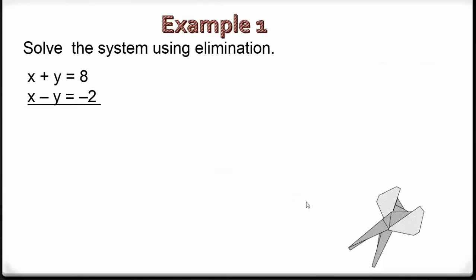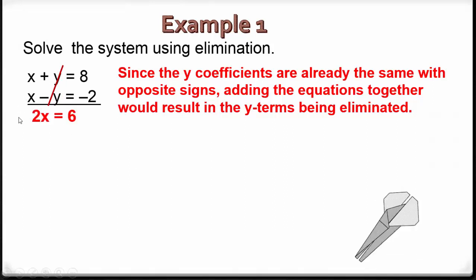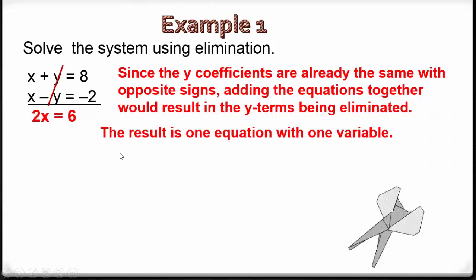In reviewing what we did on the whiteboard, since the y coefficients are already the same with opposite sign, adding the equations together would result in the y term being eliminated. And so we end up with 2x is equal to 6 after we add up these two equations.